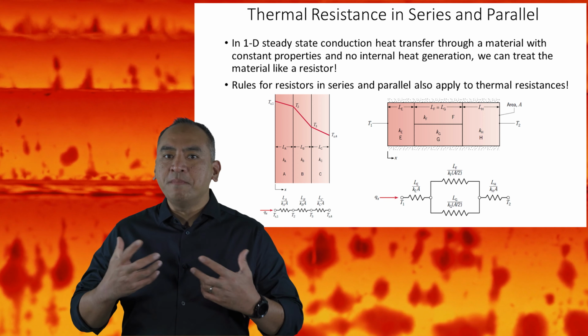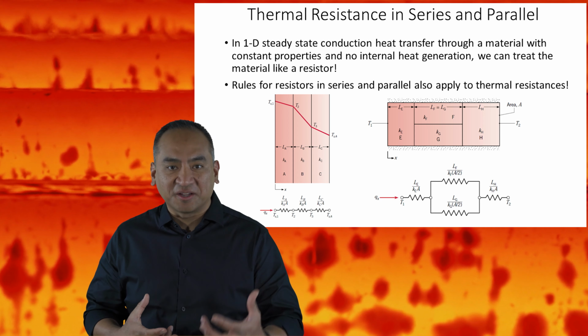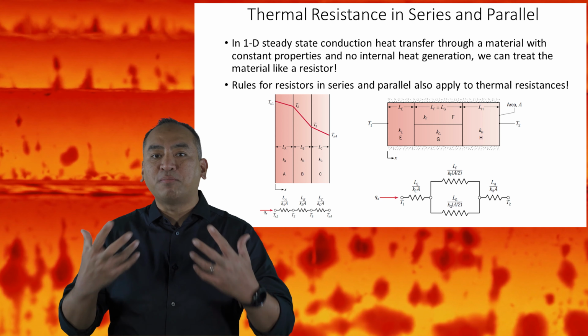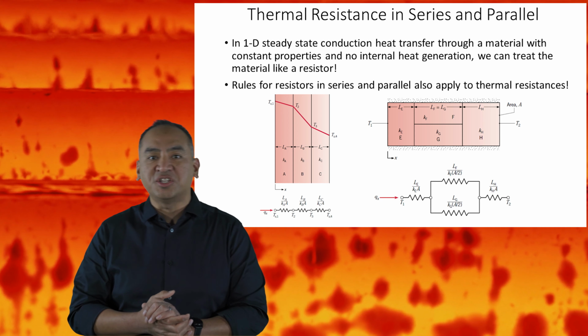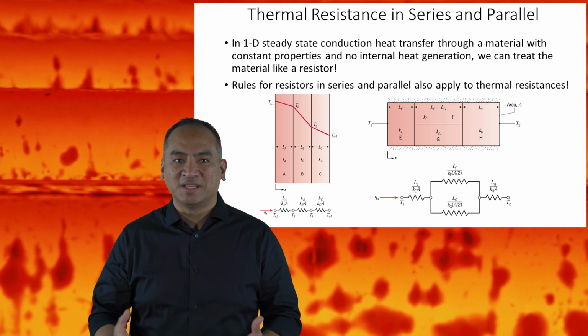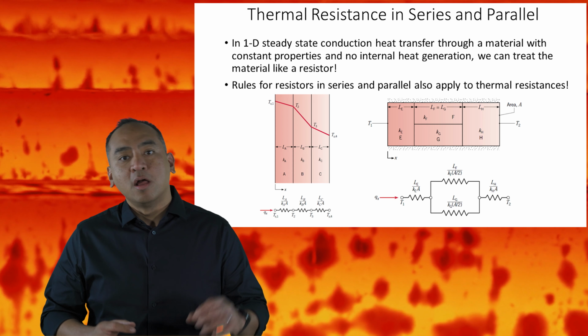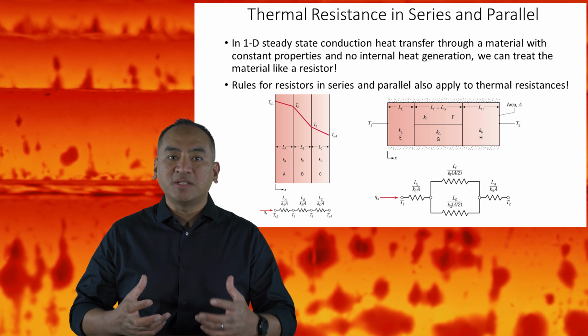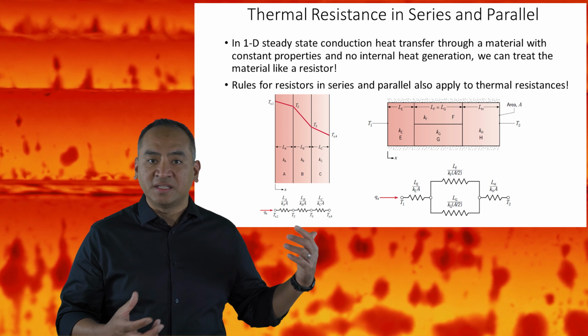In one-dimensional, steady-state conduction, heat transfer through a material with constant properties and no internal heat generation, we can treat the material like a resistor. Therefore, rules for resistors in series and parallel also apply to thermal resistances.